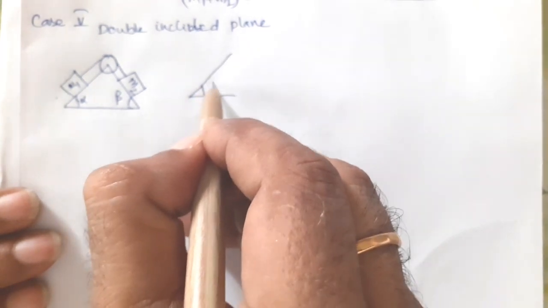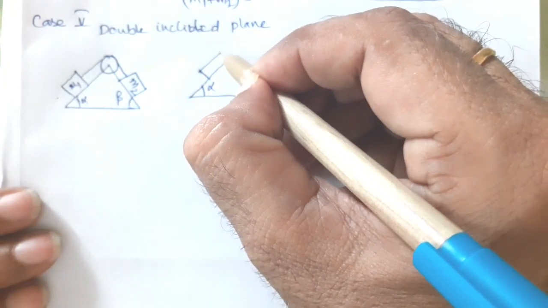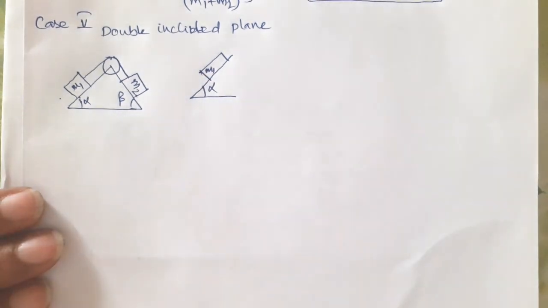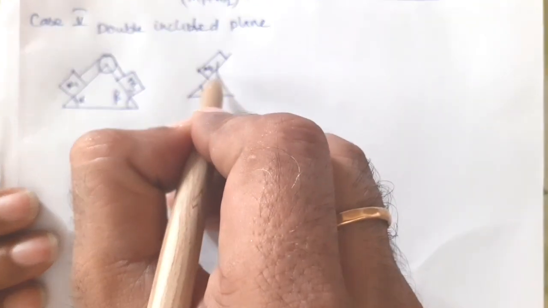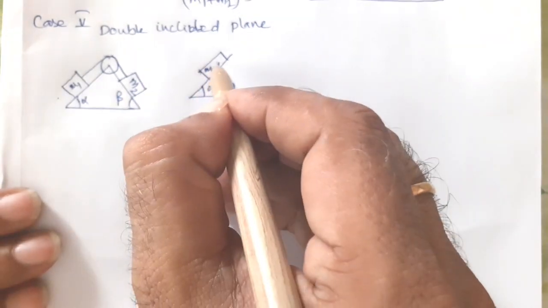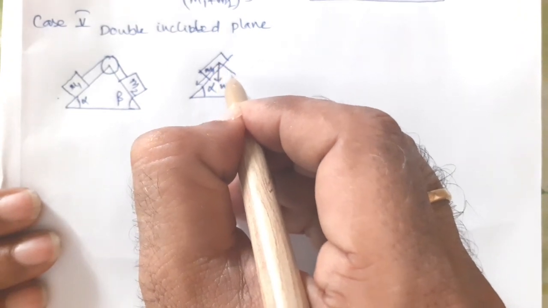If this angle is equal to alpha, and this is the body of mass m1, the weight is in this direction. This is equal to m1g, and this weight is resolved into two components.